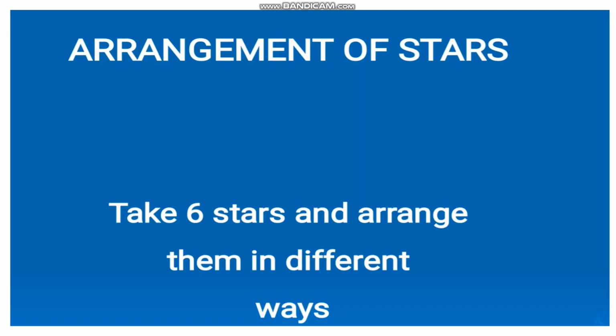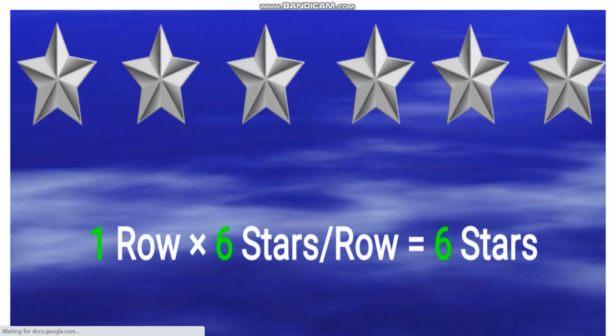Now I have taken this example wherein you can see the arrangement of stars. I have taken 6 stars and I have arranged them in different ways. As you can see here, I have made one row, and in that row we have got 6 stars.